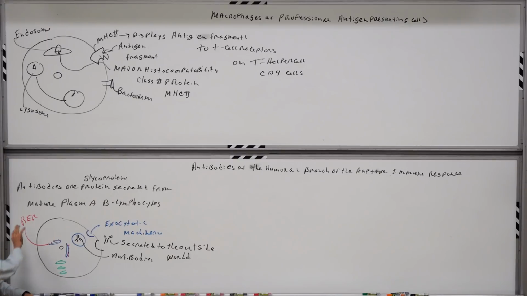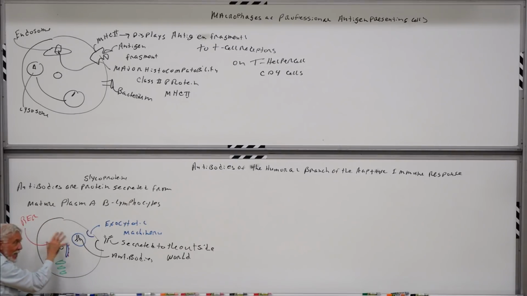So hold on to the idea that this is a characteristic of mature B lymphocytes, because we're going to come back to this in a moment and talk about naive or immature B lymphocytes, and those have antibodies as transmembrane proteins. But hold on to this for the idea of what mature B lymphocytes do.